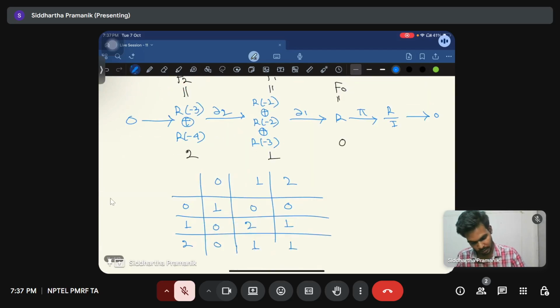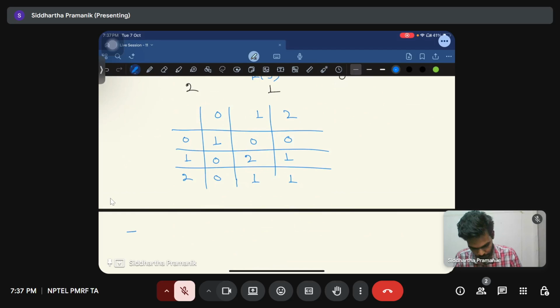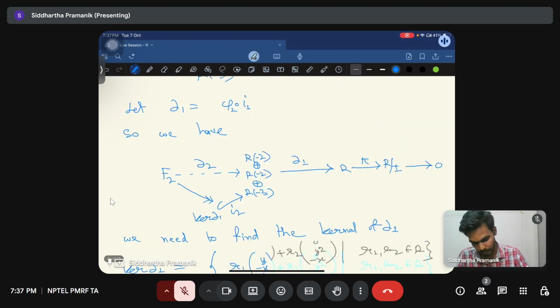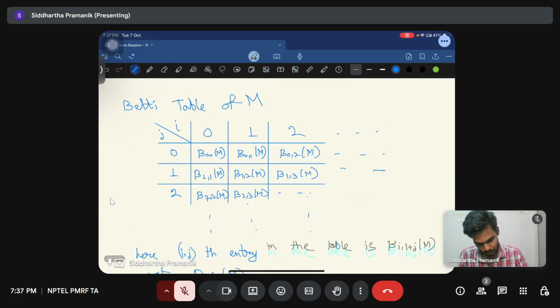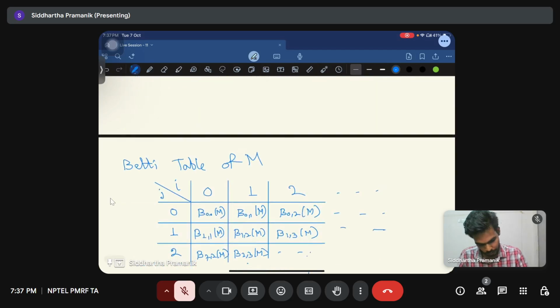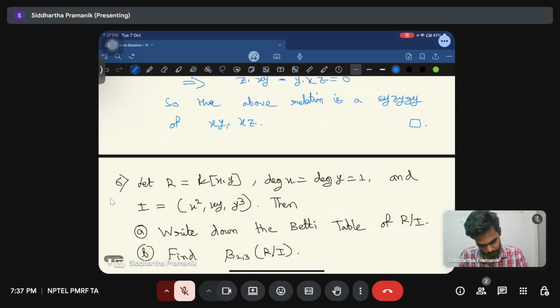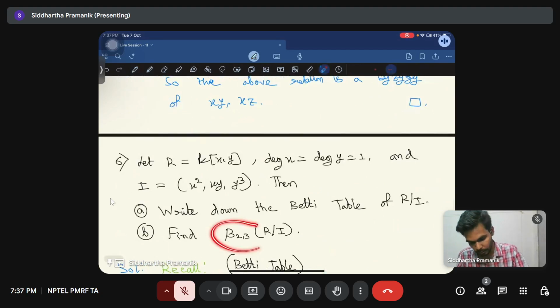So this is the Betti table of R mod I. Now, this completes the first part. And we need to find beta of 2 comma 3.